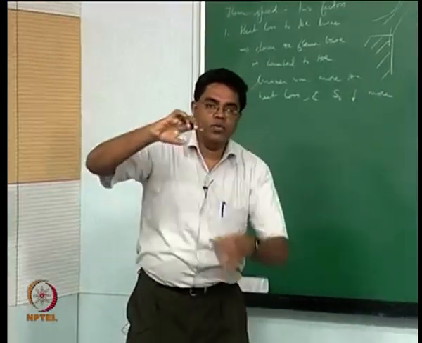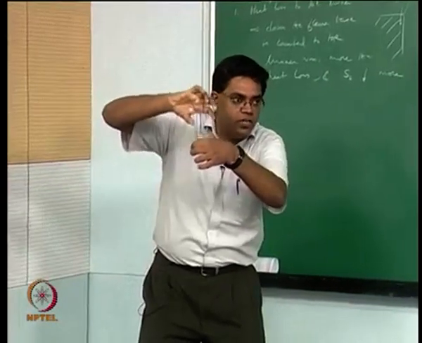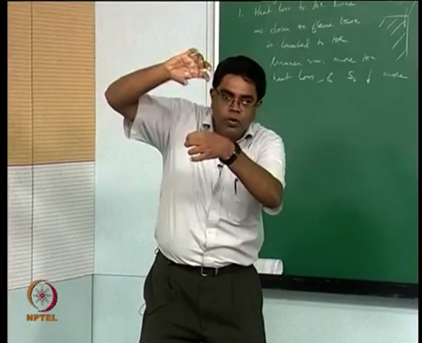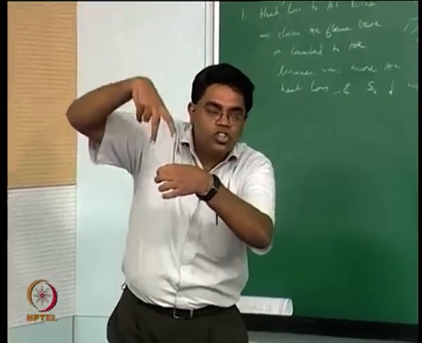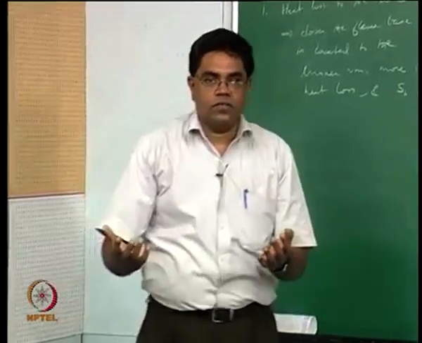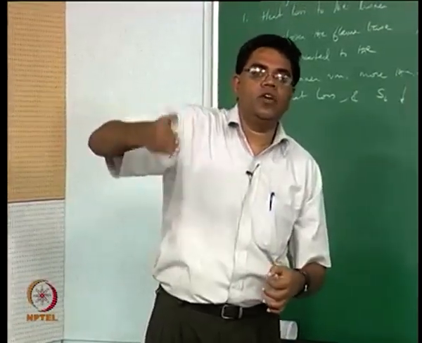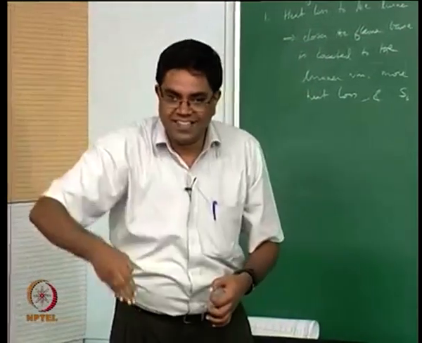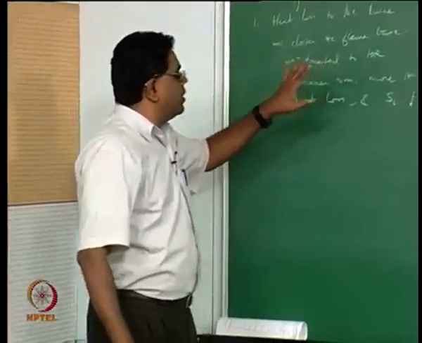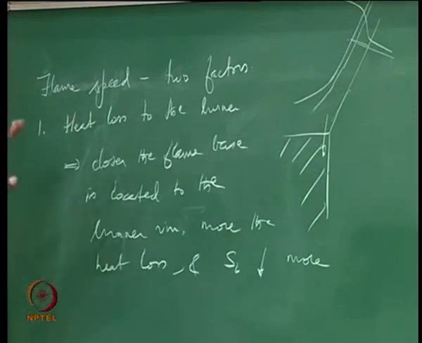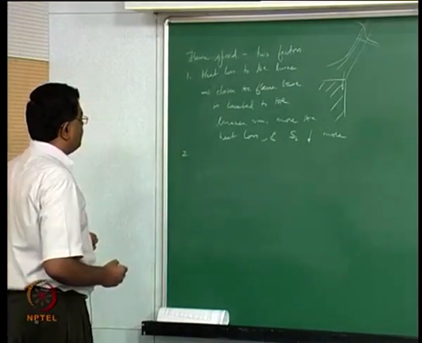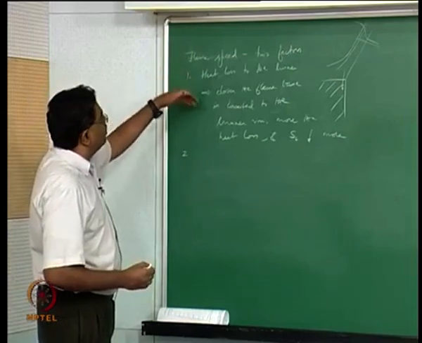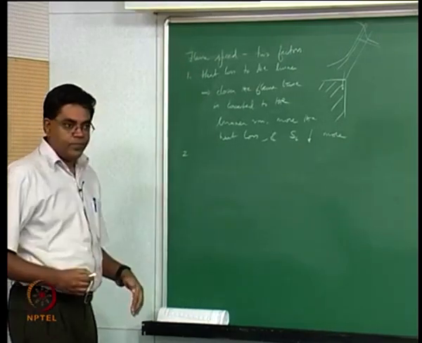But the moment we now begin to think that the flame is not going to be at the rim and can move up or down relative to the rim, what we are basically saying is, the closer it is to the rim, the more is the heat loss, and therefore the flame speed near the rim is going to be progressively less. So this is a contribution that is going to decrease the flame speed more and more when the flame is closer to the rim.